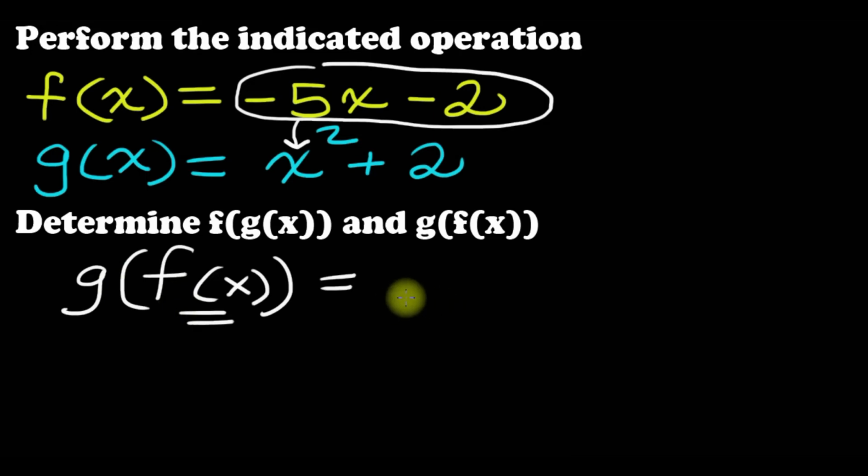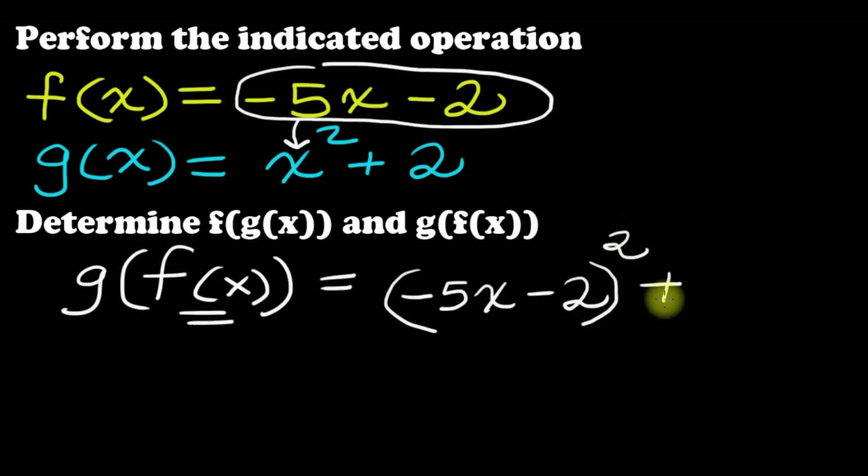So it's going to look like this now. -5, because it's x squared, so -5x minus 2, that whole thing squared, and then plus 2. Okay, so that's how you plug it in.